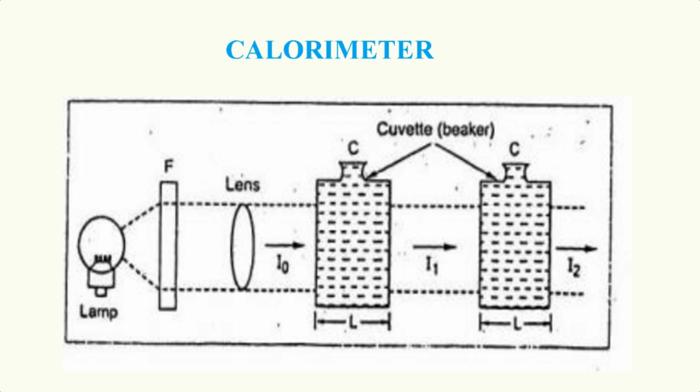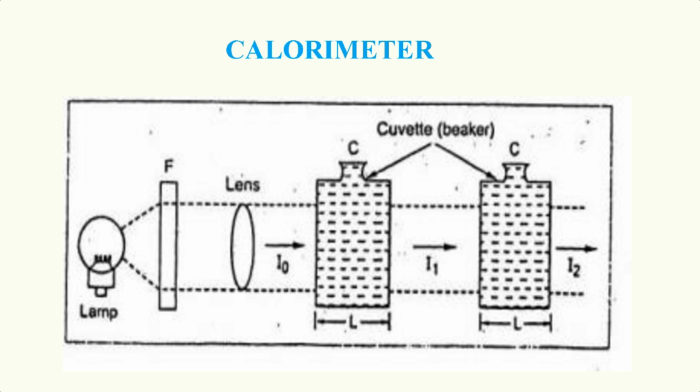So I1 has a lower light intensity than I0. When I1 passes through the second cuvette or beaker, the outlet is I2, which is the lowest of all the light intensities, where I1 is lesser than I0 and I2 is the least of all.